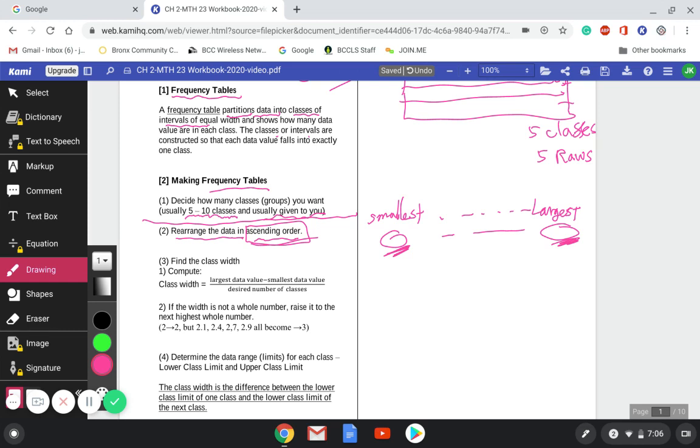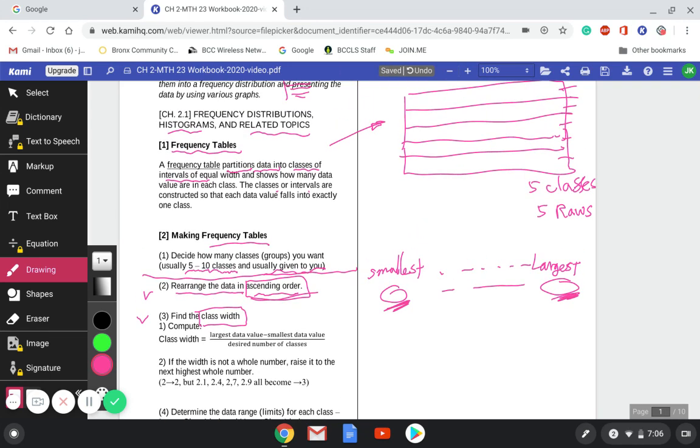And then the second thing you do is find something called the class width. Class width is the difference between the first number of the first class and the first number of the second class. The difference between those is called the class width.